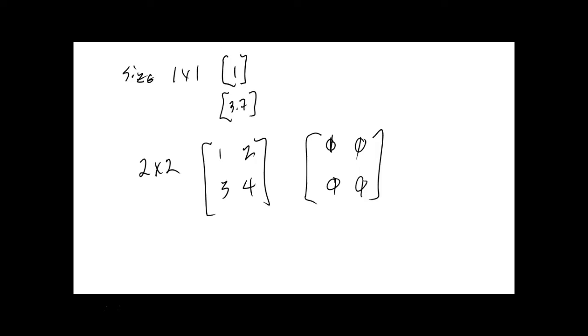How about a 2 by 3 matrix? 1, 2, 3, 4, 5. That certainly is one, but remember the entries don't have to be integers. They could be any number.